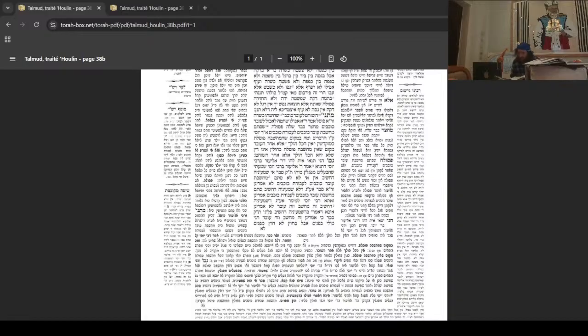Ela afilu kizayis shel shar basar, but any meat that you're shechting for the idolater, even though you're shechting it kosher, you're doing it for him, it's not necessarily asur according to Rabbi Eliezer, like we say in the Gemara, a few pages back.